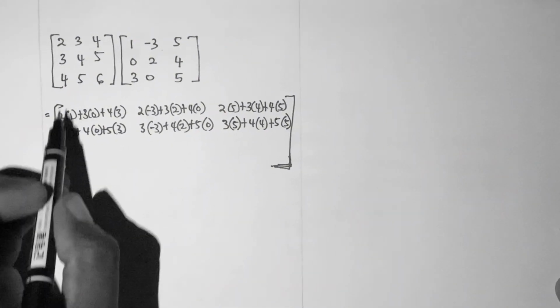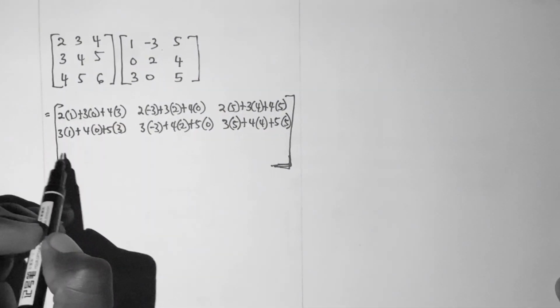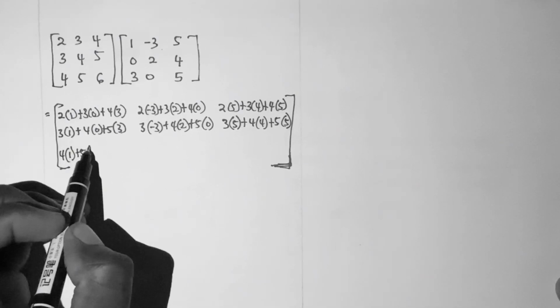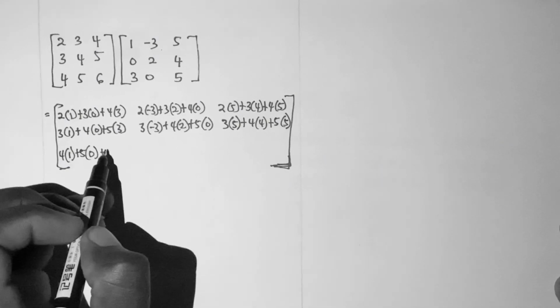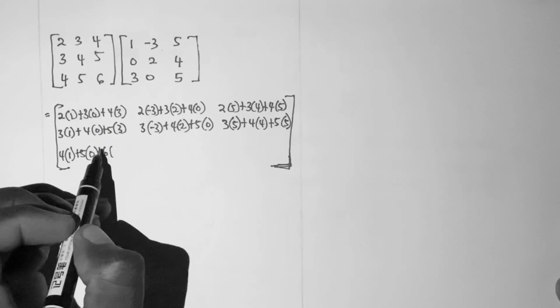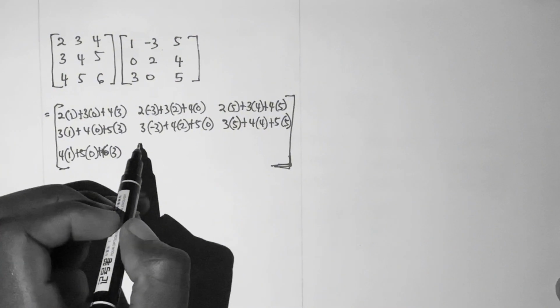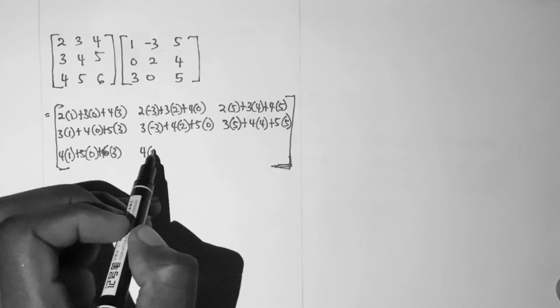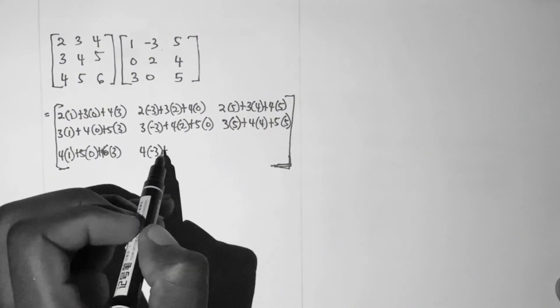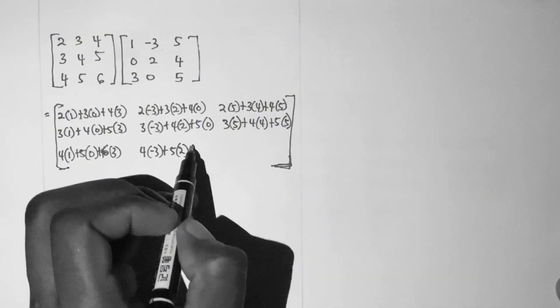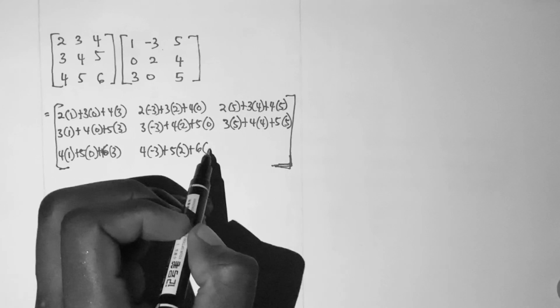Then here we take the last row and multiply. So here will be 4 times 1 plus 5 times 0 plus 6 times 3. Then here is 4 times minus 3 and plus 5 times 2, then plus 6 times 0.